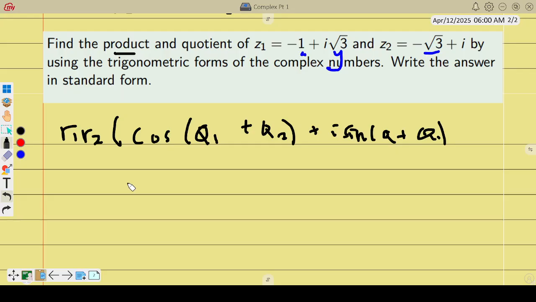So from here we are going to say R1 was 2, R2 was 2 cos, theta 1 we found 120. So you remember you should always be able to know the angle in radian measure.